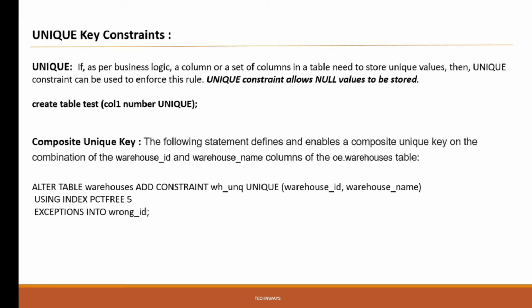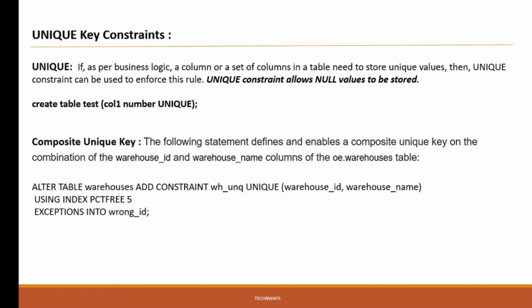Like if we have a customer table and we have created customer ID 1, the next time you insert data into the table, it will make sure customer ID 1 is not inserted again. That is the basic importance of the unique constraint. And the unique constraint also allows null values; you can store a null value for it.